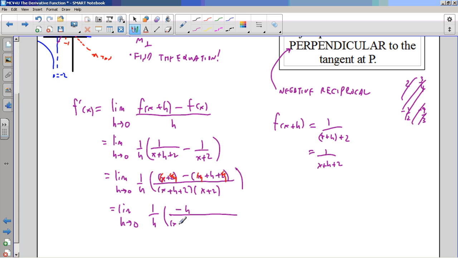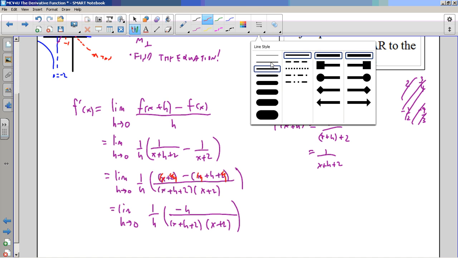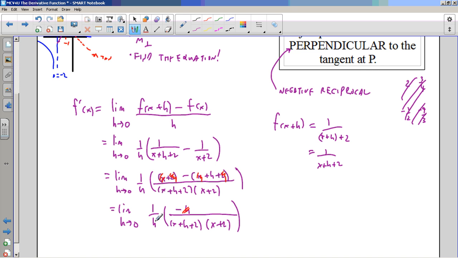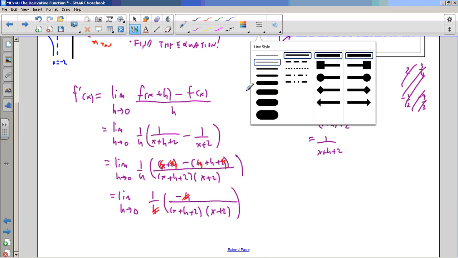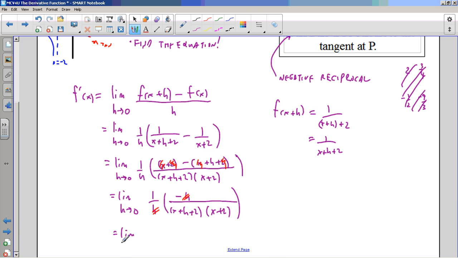And then on the bottom, I get this mess. And then now, just like we knew it was going to happen. We've done these a few times now. And on the top, I've got minus 1. And on the bottom, I have x plus h plus 2 and x plus 2.